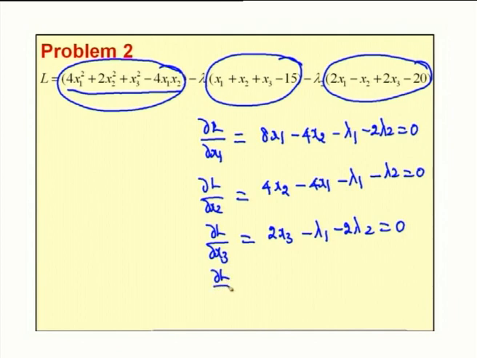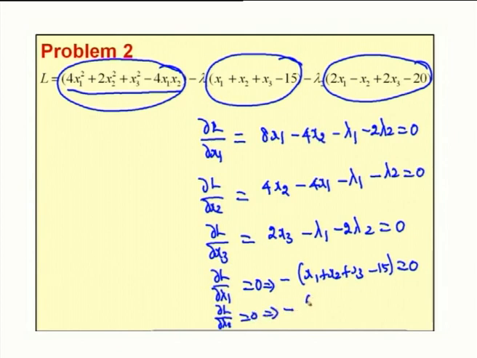The fourth condition, dou L by dou lambda 1 equal to 0, gives us minus of (x1 plus x2 plus x3 minus 15) equal to 0. And the final condition, dou L by dou lambda 2 equal to 0, gives us minus of (2x1 minus x2 plus 2x3 minus 20) equal to 0.